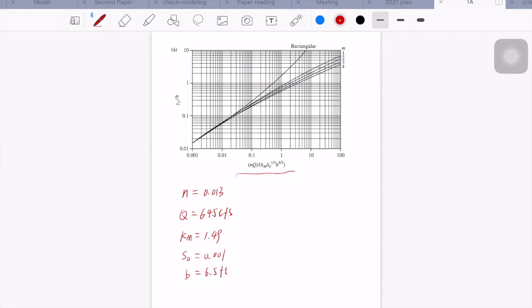So now we can determine the value of this equation, Q over Km times S0 to the power of 1/2 times B to the power of 8/3, equals 0.38.